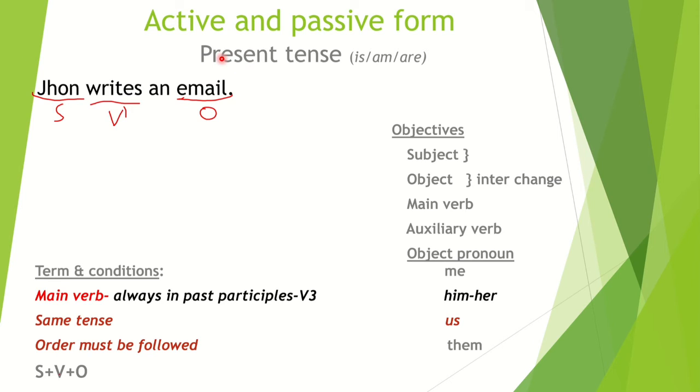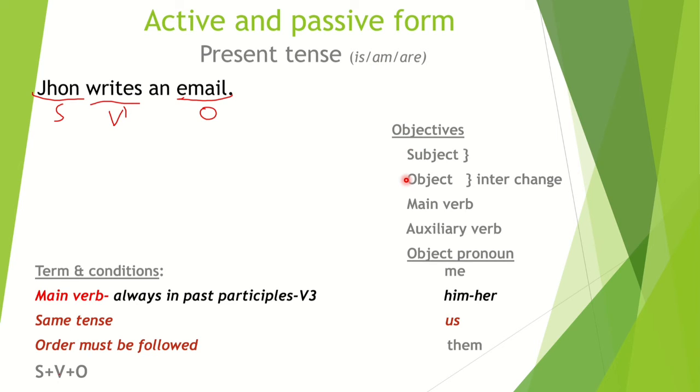Keep it in your mind, my dear, this is a present tense. Okay, in present tense what we are using is is, am and are. For singular subject is, for plural subject are, for I is am, isn't it?